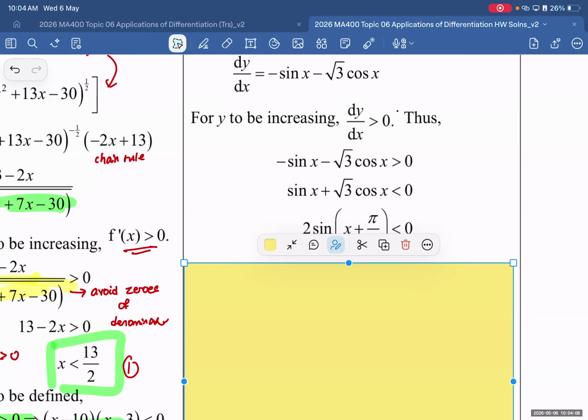Okay, so what's the issue? This is an inequality. The issue with doing this is that you do not know if cosine x is positive or negative. So when you divide by cos x, the inequality sign may be affected.